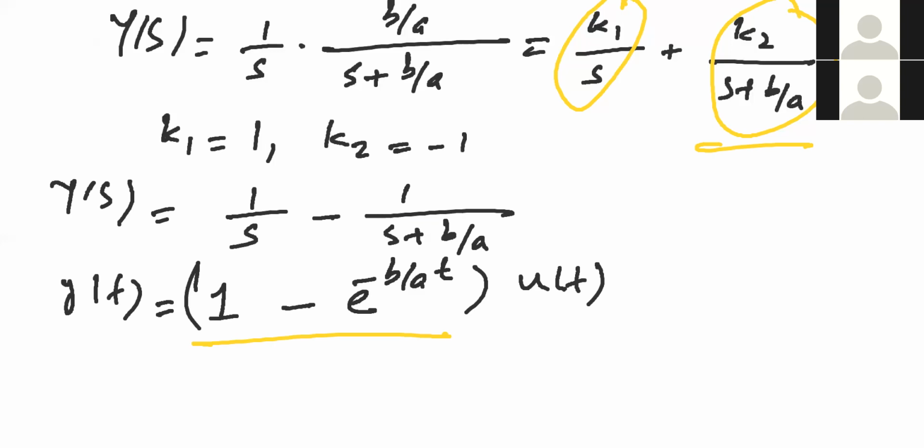Let me use a new variable. So you have y of t equal to 1 minus e raised to the power minus b by a multiplied by t.